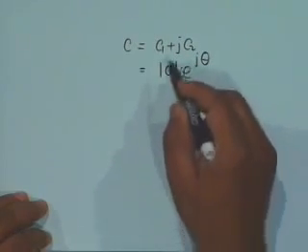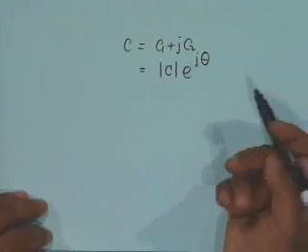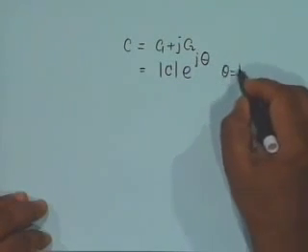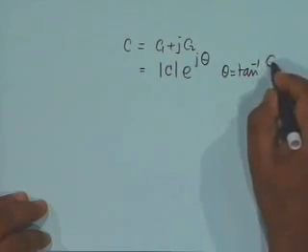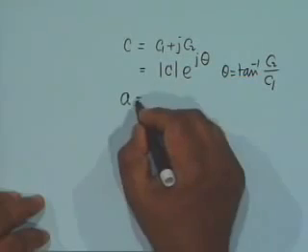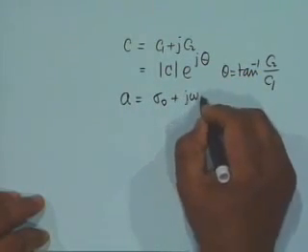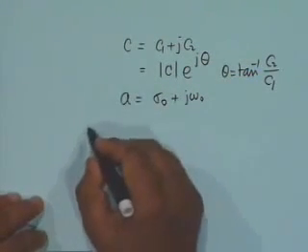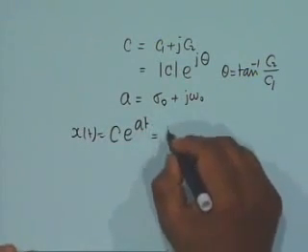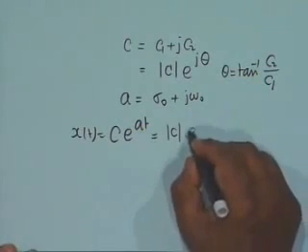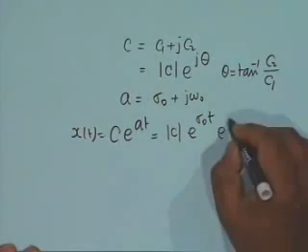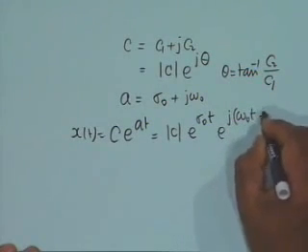Then you know magnitude C is square root C1 squared plus C2 squared, and theta is tangent inverse of C2 by C1. Alright, this is C, and let's say A is sigma 0 plus j omega 0. Then you can write the signal x of t, which is C e to the power at, as mod C e to the power sigma 0 t e to the power j omega 0 t plus theta.